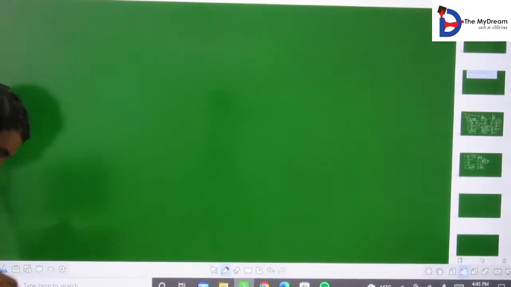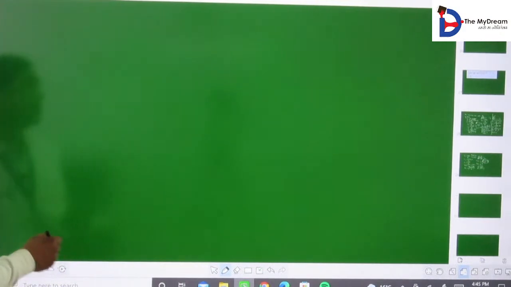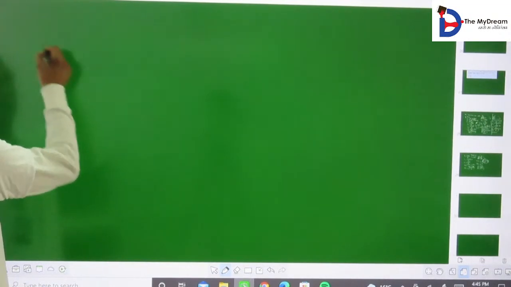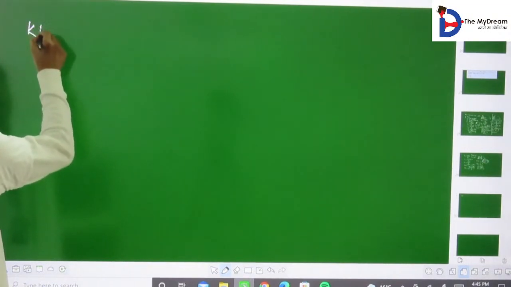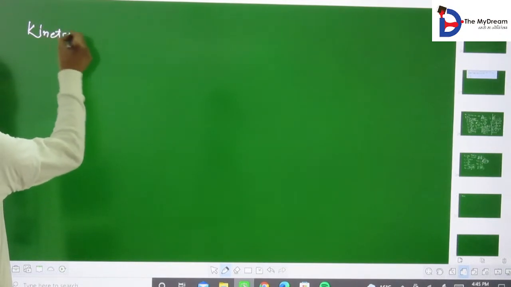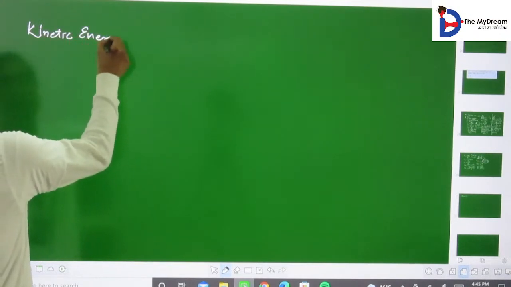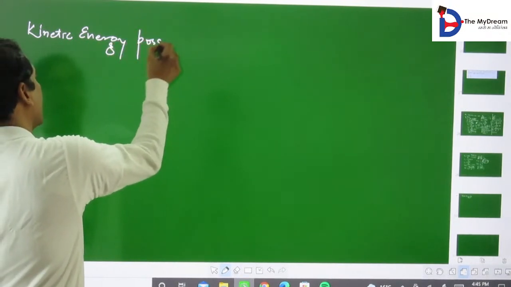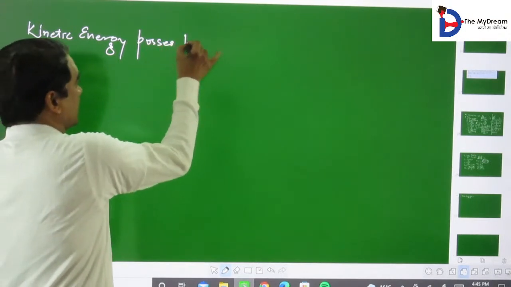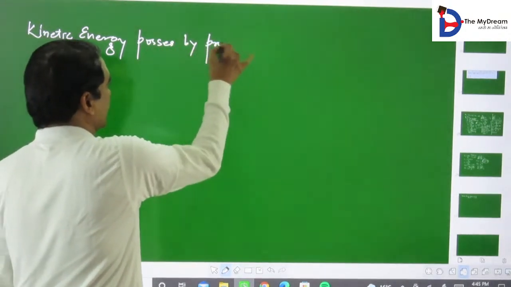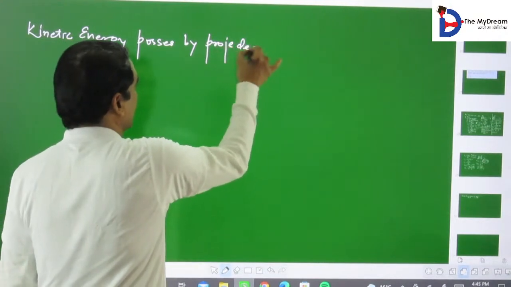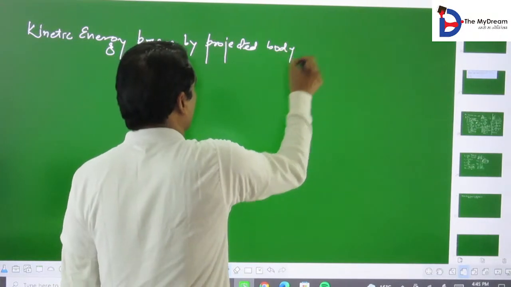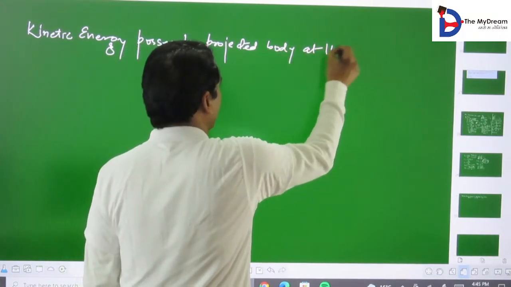Now we are talking about the kinetic energy possessed by a projected body at the highest point.